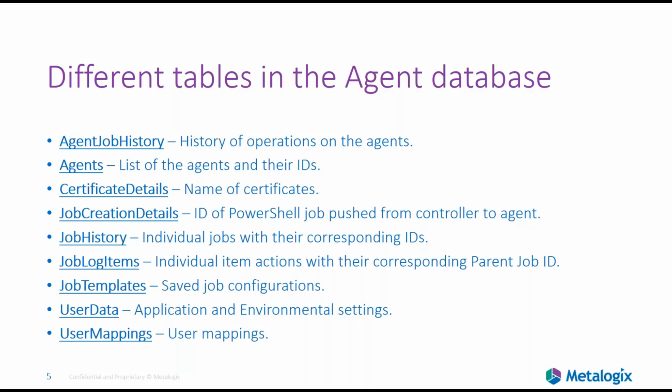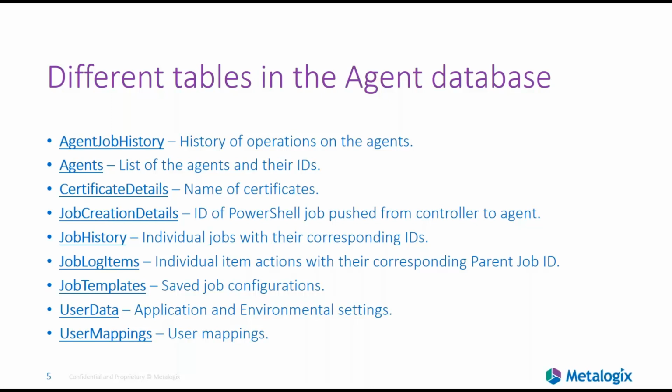One is for the history of the agent events, the list of the agents, certificate details, job creation details, job history, individual jobs with their corresponding IDs, and the job log items together. They work as the logs for all the agents and the controller.